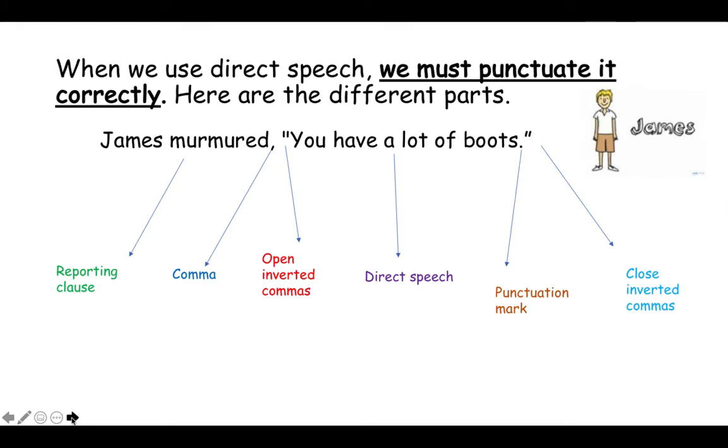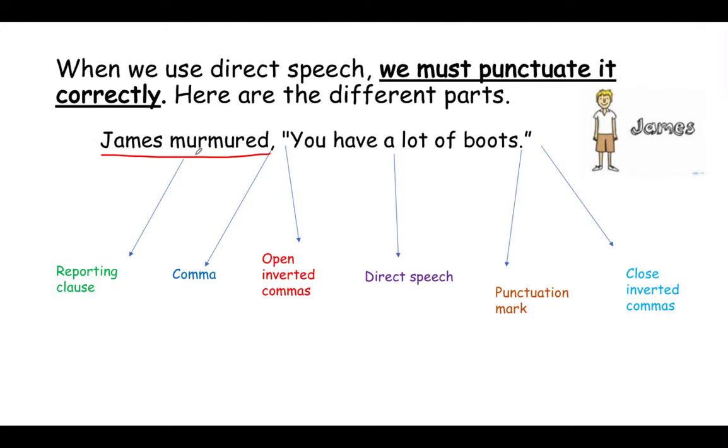Right, so let's have a look at how we punctuate direct speech correctly. So we've got a line here. James murmured, "You have a lot of boots." Right. So the first part here, this clause, is called a reporting clause. It tells us who said the direct speech.